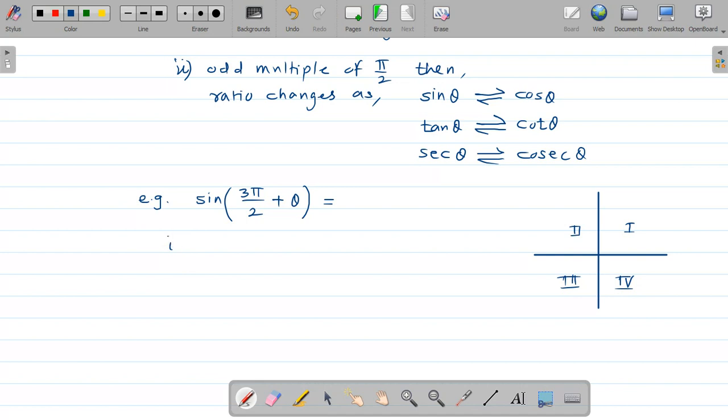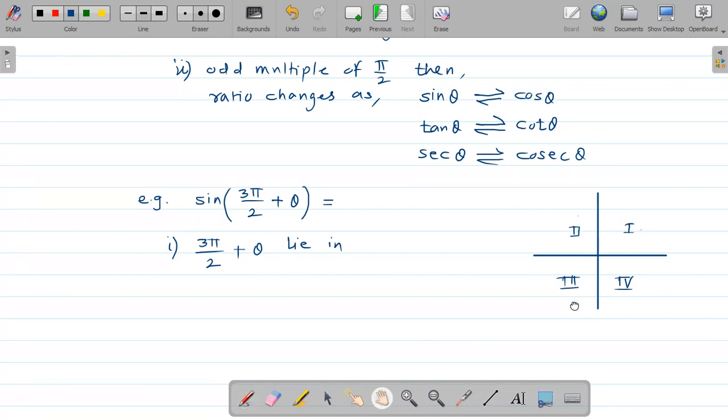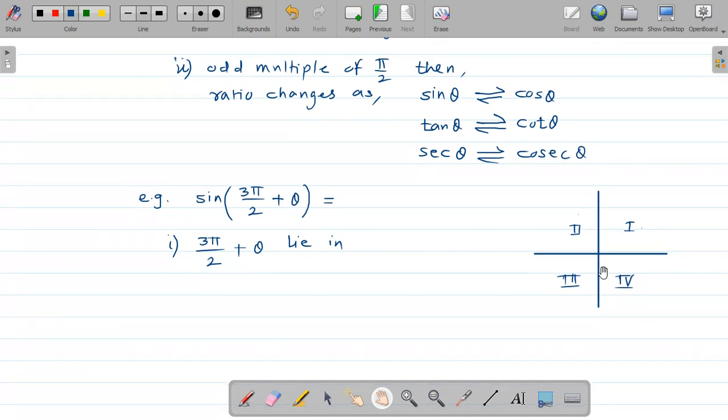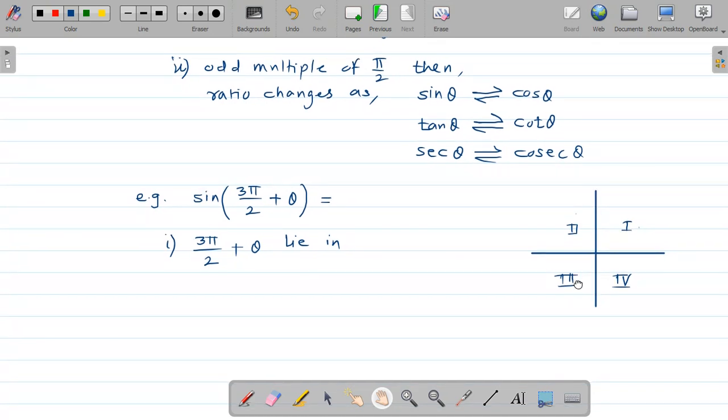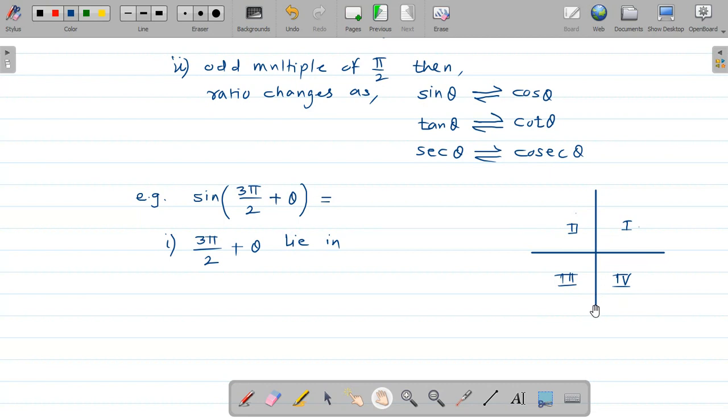So the first step: see here, 3 pi by 2 plus theta will lie in which quadrant? How will you decide the quadrant? See here, 3 times pi by 2: this is 1 time pi by 2, this is 2 times pi by 2, this is the third, 1 2 3, 3 times pi by 2 is completed here, plus theta means it will lie in the fourth quadrant.